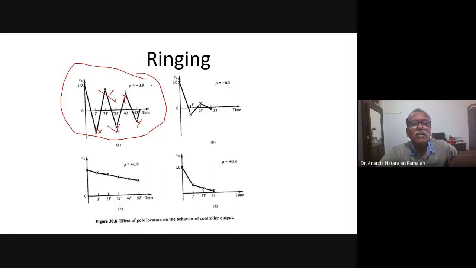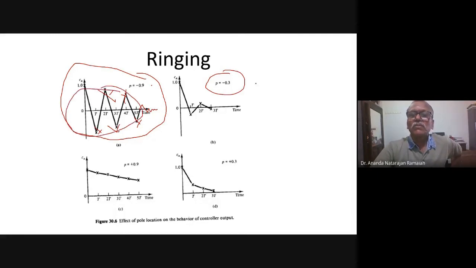That's why it will come to the stable point after oscillations. Here P is minus 0.3. Then also it oscillates, but not with this much amplitude. So if P has smaller value, then the amplitude of oscillation reduces, but oscillation is there. On the other hand, if you select P equal to plus 0.9, it decreases like this. If P is plus 0.3, it decreases like this.